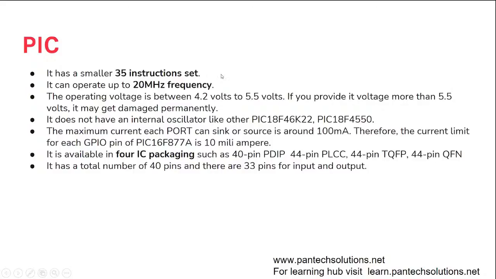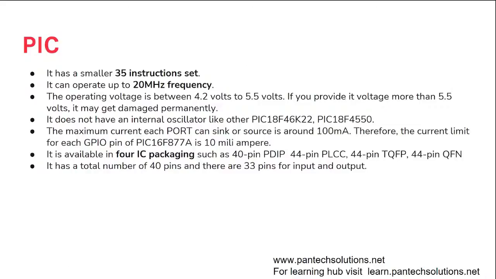It's from a company called Microchip, and it has a very small instruction set, only 35 instructions. It can operate up to 20 megahertz frequency. What I'm talking about is PIC 16F8778. The operating voltage is 4.2 volts to 5.5 volts, and PIC 16F8778 does not have an internal oscillator. The maximum current the port can have is about 100 milliamps.